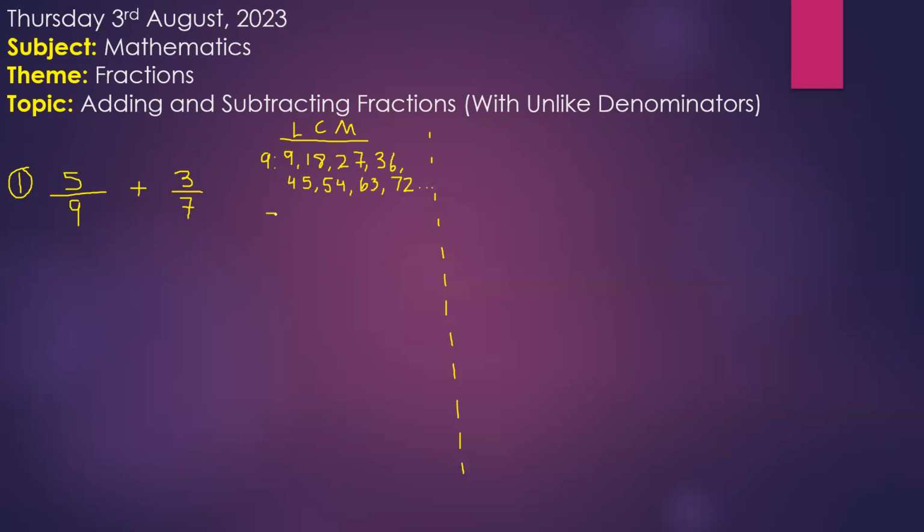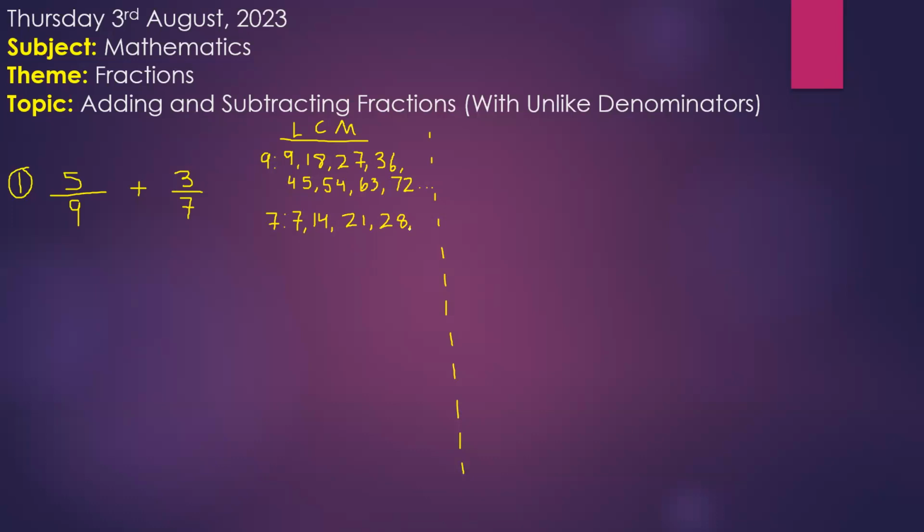Let's go on to the multiples of 7. The multiples of 7 are going to be 7, 14, 21, 28, 35, 42, 49, 56, 63, 70, 77, 84.